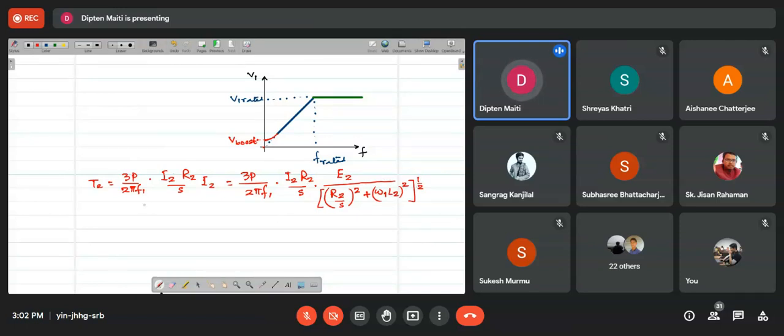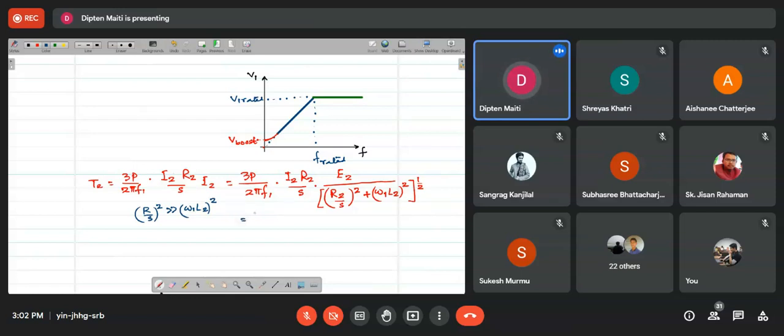Now, once again, use the same condition here, that R2 by S whole square is much greater than this ω1 L2 whole square.